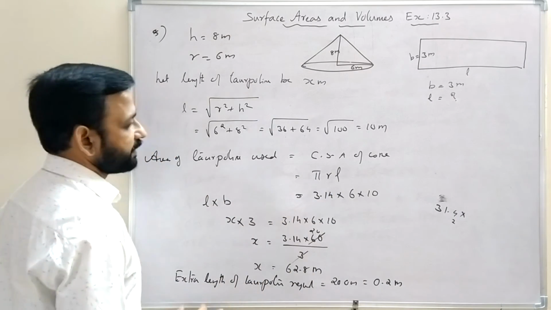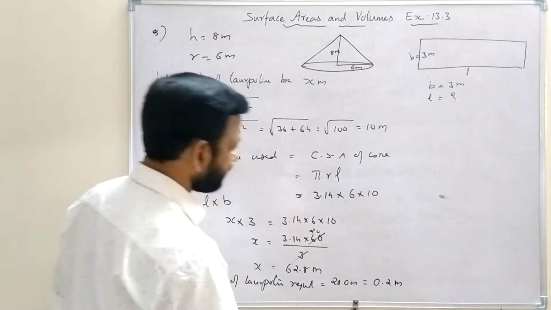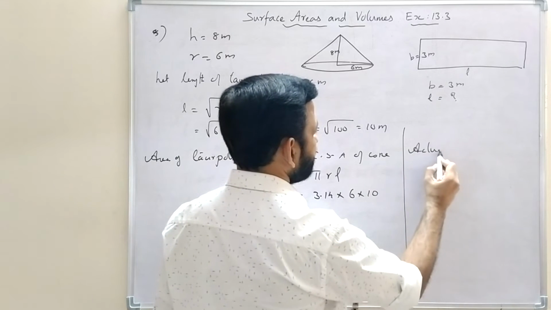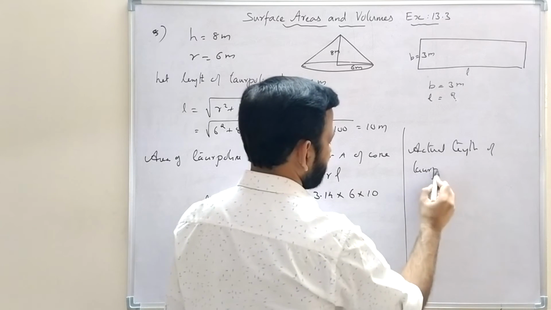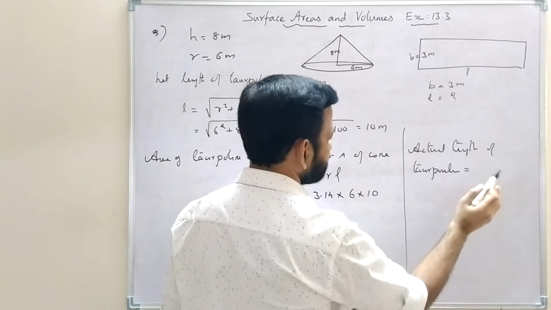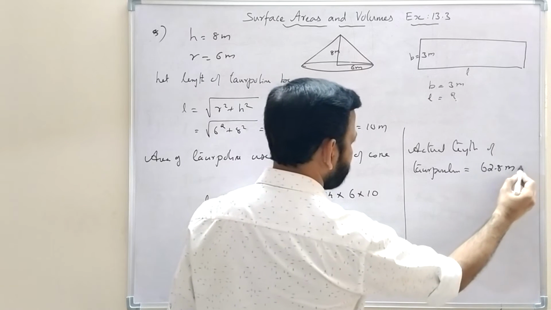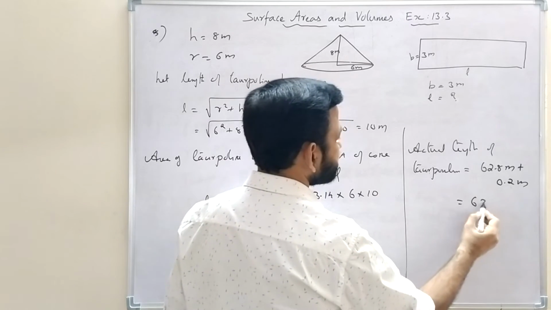Therefore the actual length of tarpaulin is equal to 62.8 meter plus 0.2 meter, that is equal to 63 meter.